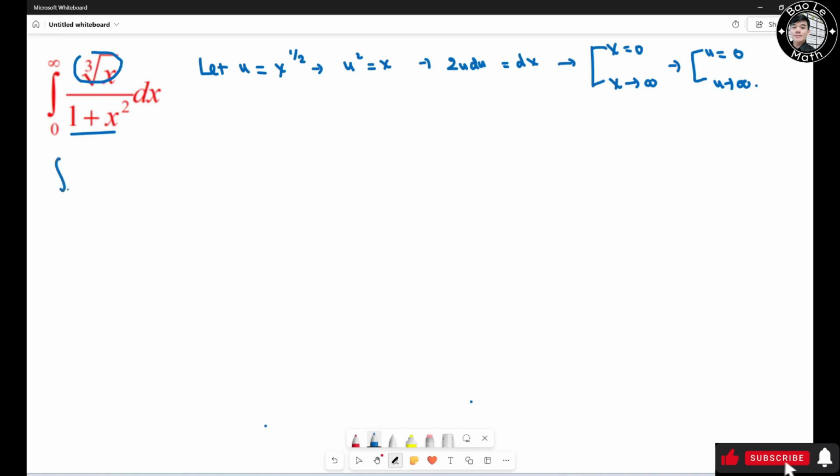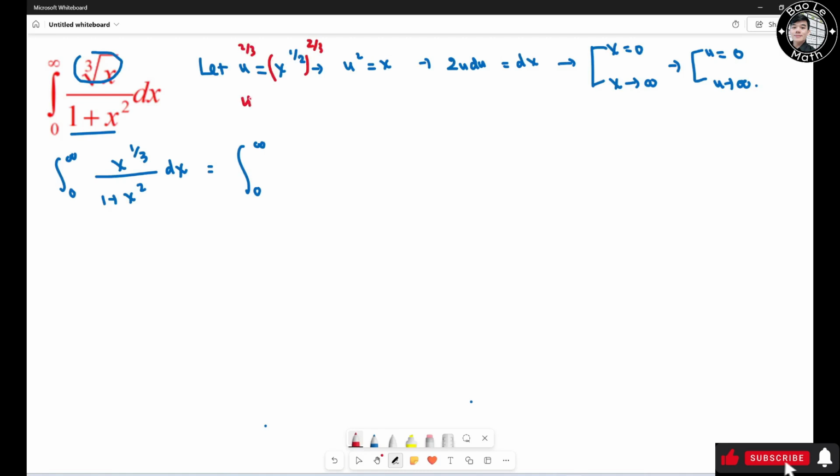It's going to be the integral from 0 to infinity of s power 1 third over 1 plus s squared ds is the same thing as the integral from 0 to infinity. In order to get s power 1 third, I'm gonna raise the power up 2 thirds whole side, right?